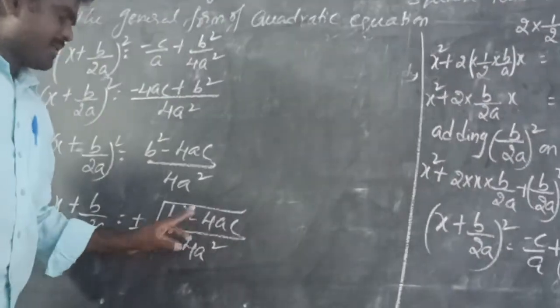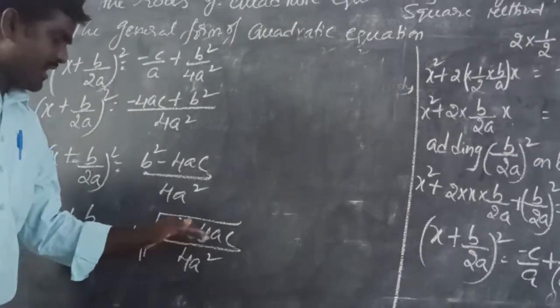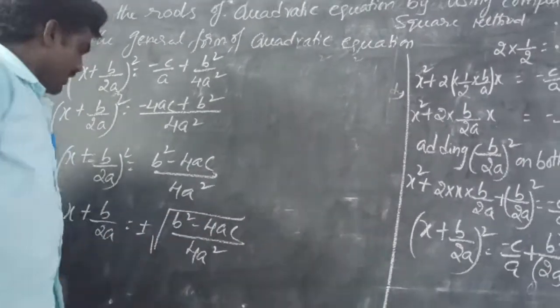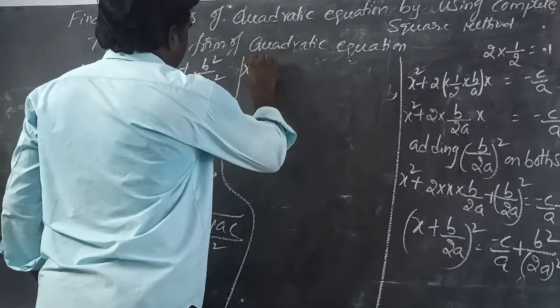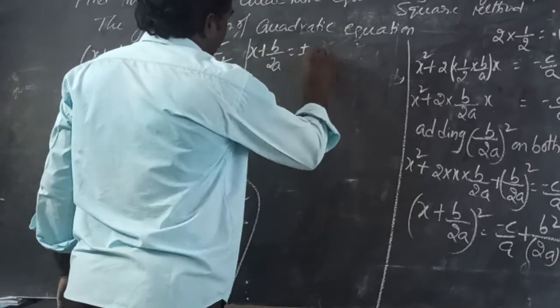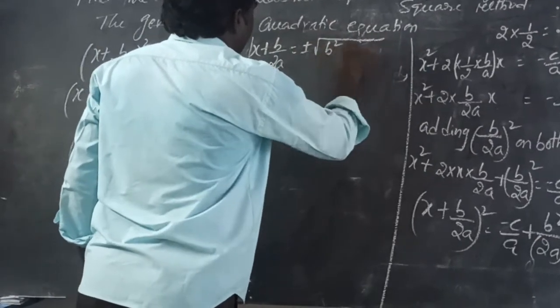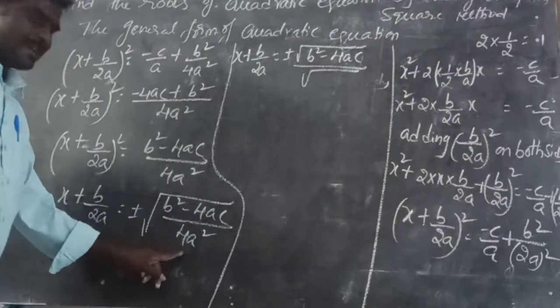Okay. So here square root of a by b is equal to square root a by square root b. So this one, x plus b by 2a is equal to plus or minus square root of b square minus 4ac by square root of 4a square.